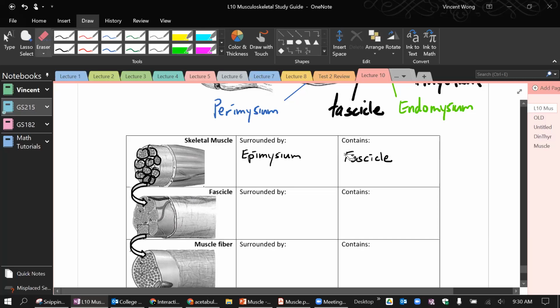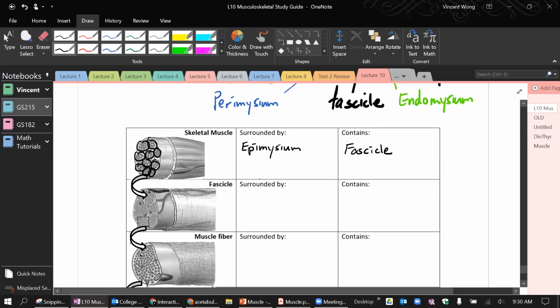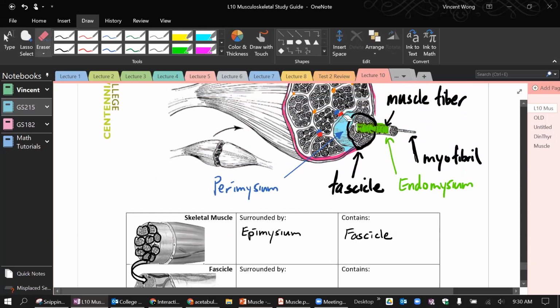The pork part that I was talking about, right? Fascicle. Now take out a fascicle. This is a fascicle. What is the fascicle surrounded by? Well, let's see. The fascicle is surrounded by the perimysium.